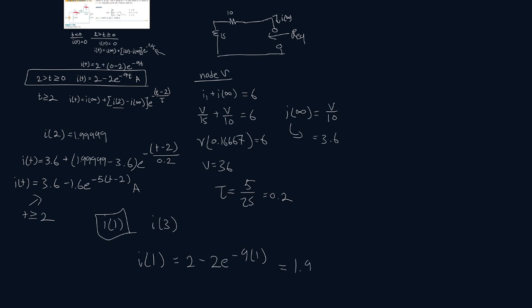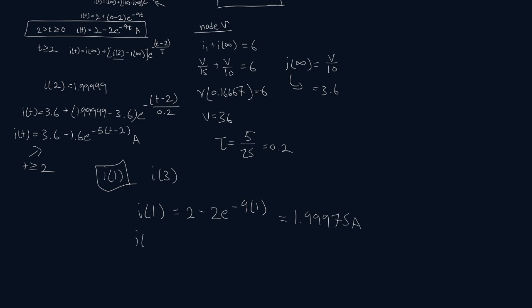That's 1.99975 amps. Now I3, we have to use this formula as 3 is greater than 2. So it will be 3.6 minus 1.6 e to the power of minus 5 times 3 minus 2. And let me see what that gives me. So that's 3.589 amps. And those are your final answers.